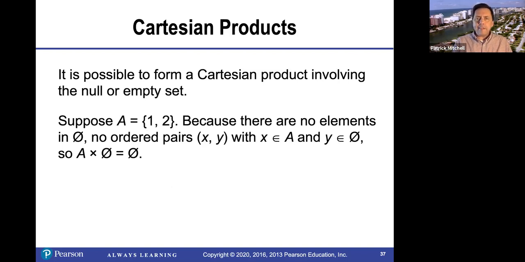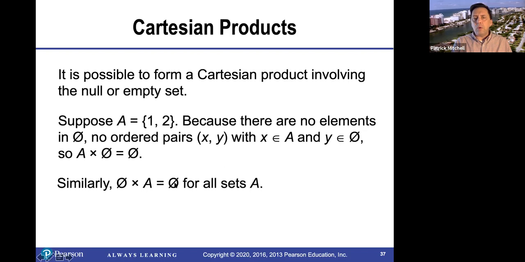And that makes a lot of sense because if you think about cardinality, A has 2 elements and this set has 0 elements, so the Cartesian product should have 2 times 0, which is 0 elements. Similarly, the empty set cross A will always come out to the empty set.